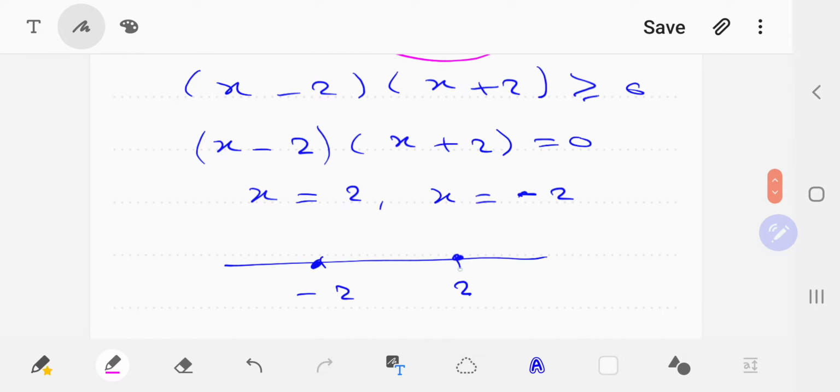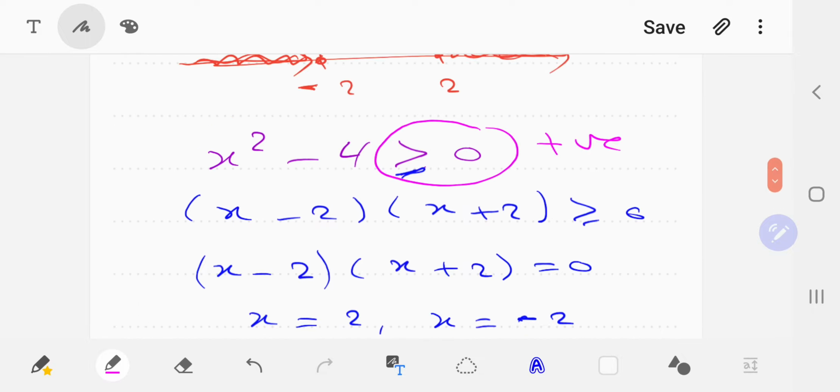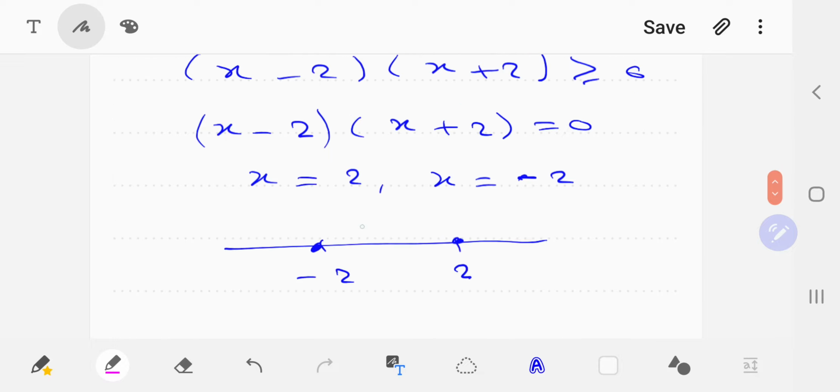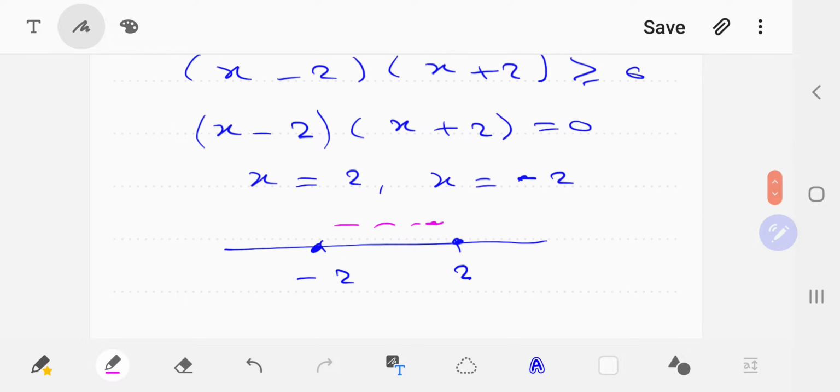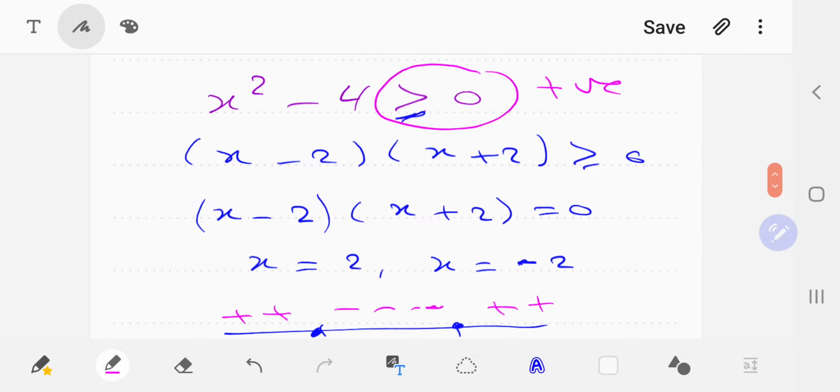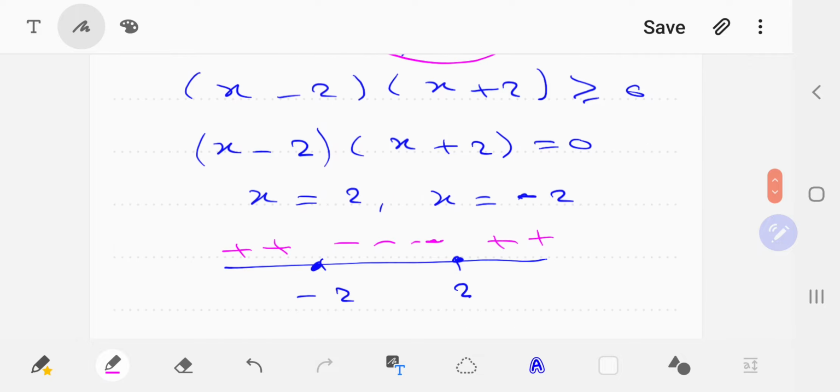Choose numbers between negative 2 and 2. Let's say 0. 0 minus 4 is negative, so this interval will be negative. Choose something greater than 2. Let's say 3. That will give you positive. Negative 3 will also give you positive. And since you are looking for positive, your solution will be in these intervals.